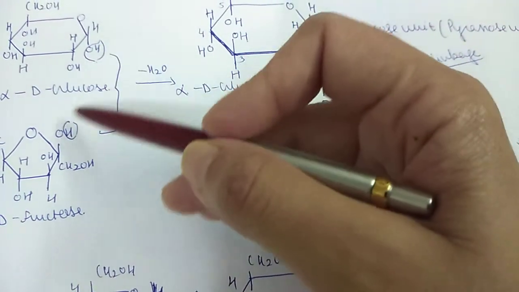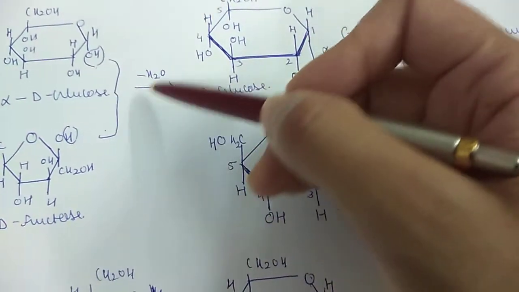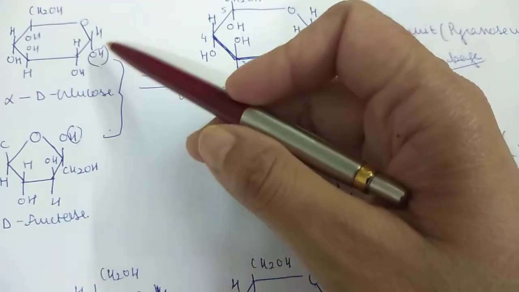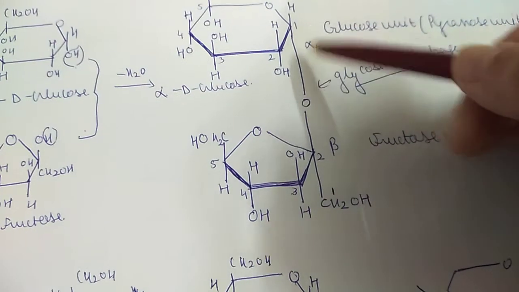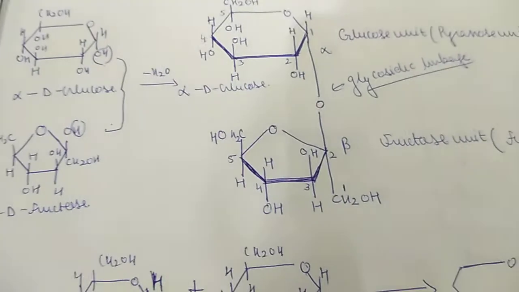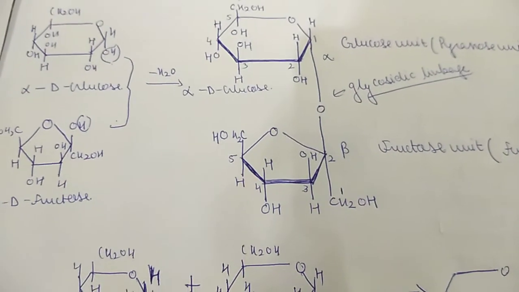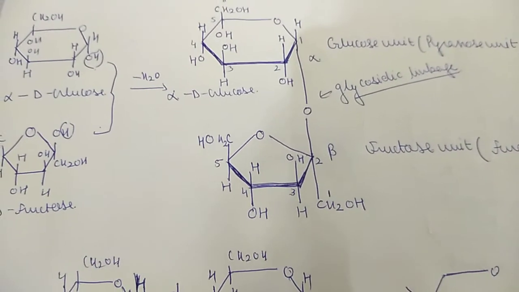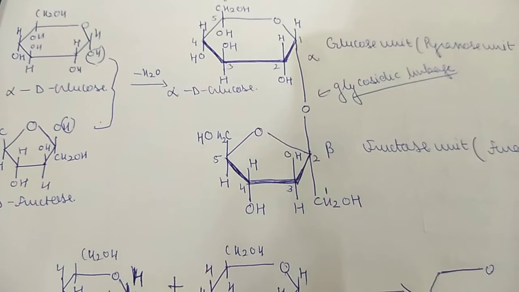There will be loss of a water molecule and a glycosidic linkage will be formed between the alpha carbon of glucose and the beta carbon of fructose. This linkage is called a glycosidic linkage.